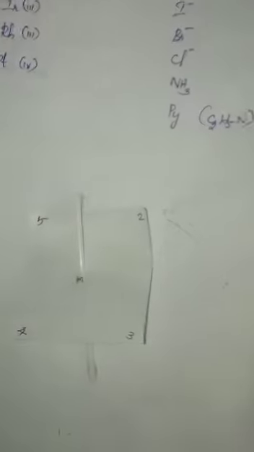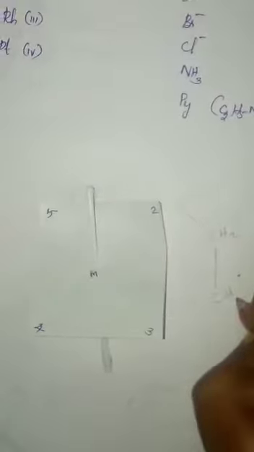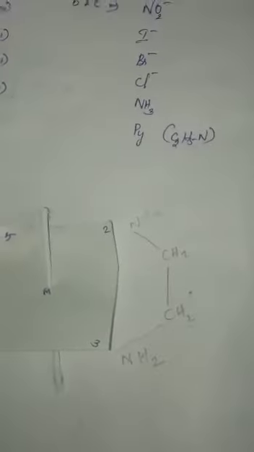Again in this corner NH2 CH2 NH2, and here NH2 CH2 NH2. That is 2 corners. The second and third corners will possess nitrogen as the donor atoms.